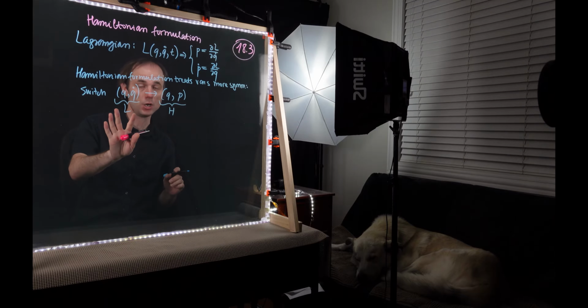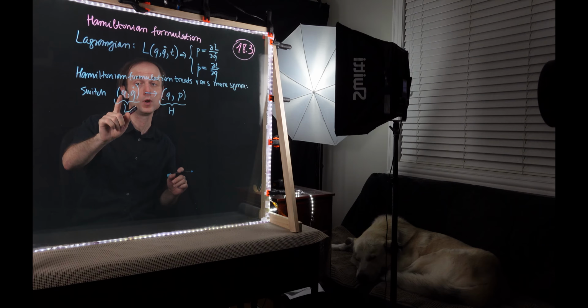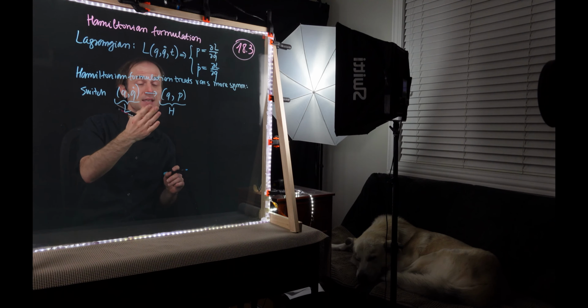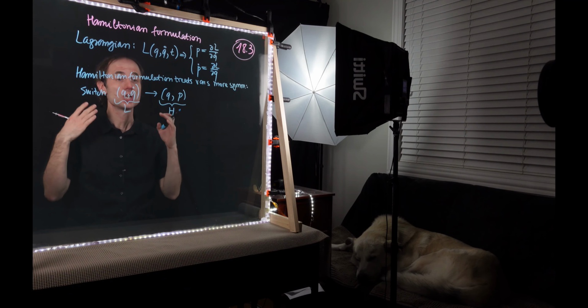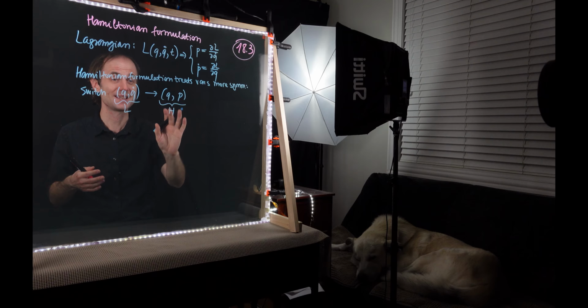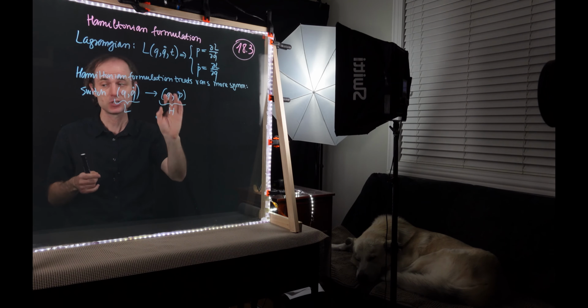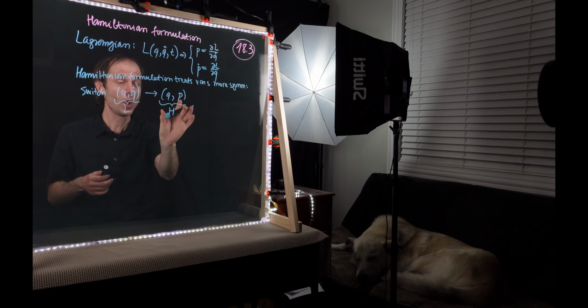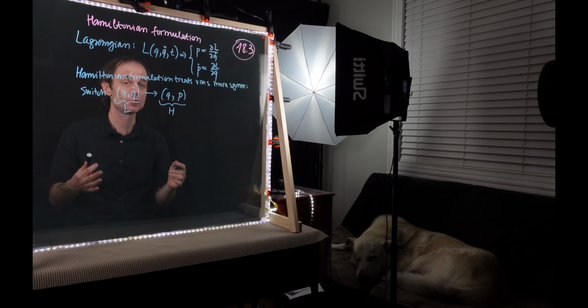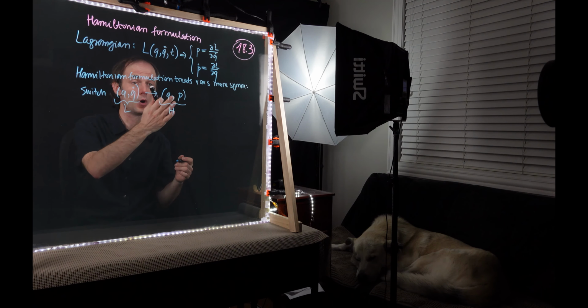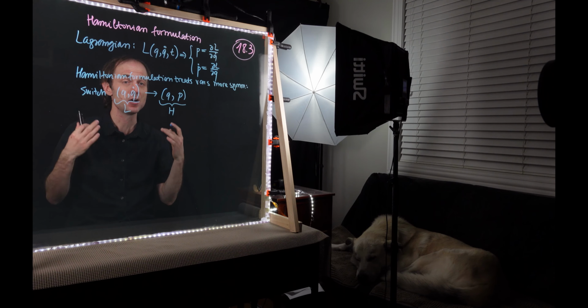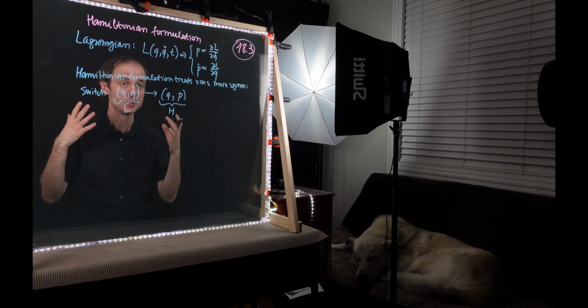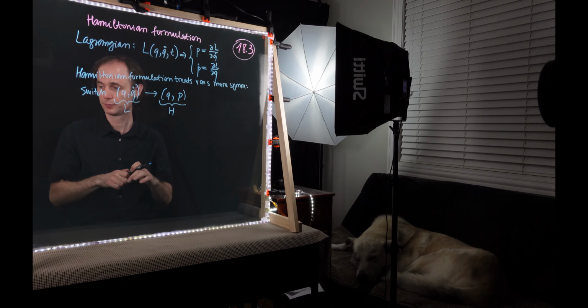So in the Lagrangian formulation, we're working with q and q dot as independent variables, coordinates and their velocities or time derivatives. And in the Hamiltonian formulation, we are working with coordinates and momenta. And as you will see in a moment, when we work in these coordinates, the equations of motion for q and for p take very similar symmetric forms.